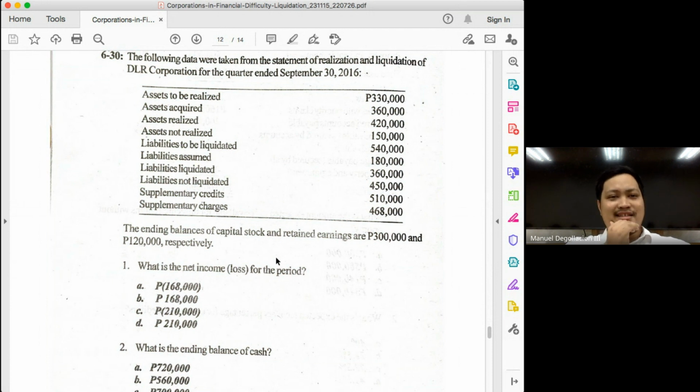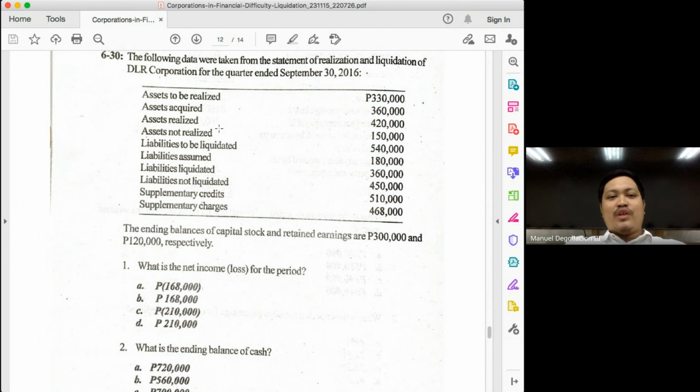Assets to be realized. Basically, this is the beginning. Assets not realized would be the ending. Liabilities to be liquidated, beginning. And it did not make sense a lot when I was a student.